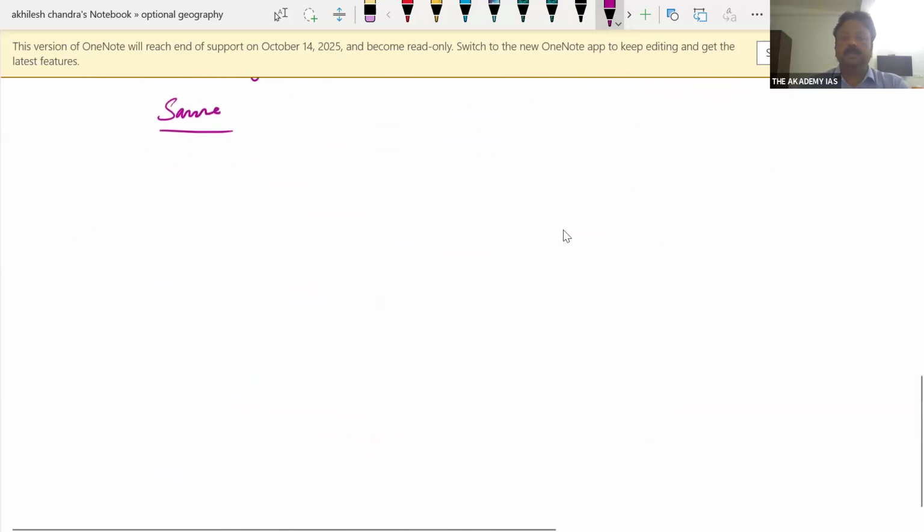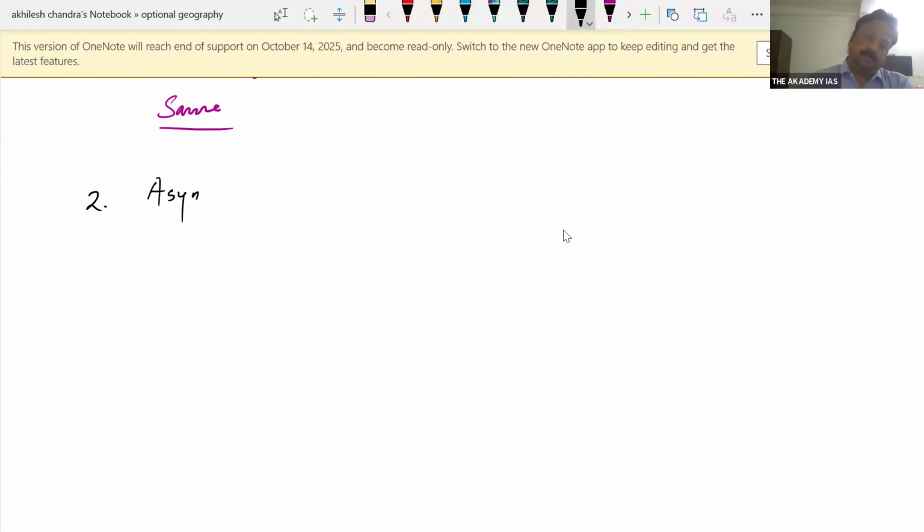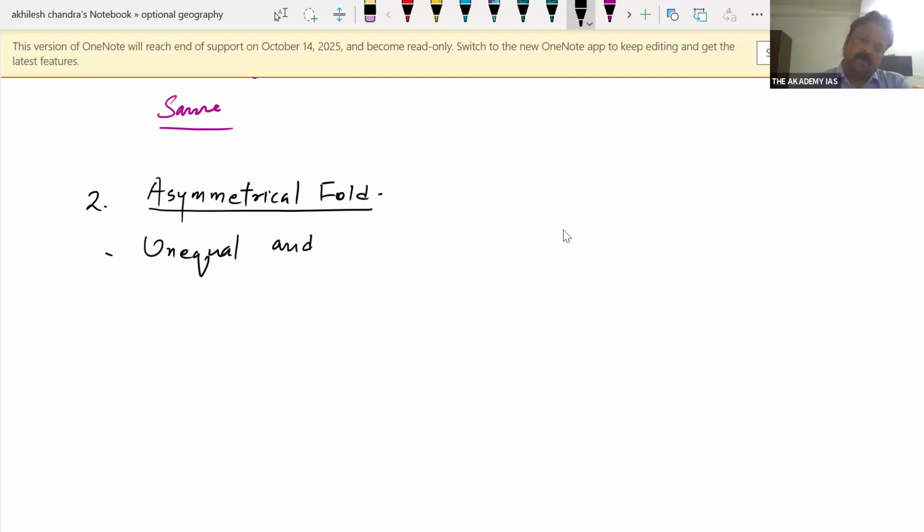Let's talk about asymmetrical fold. In nature, we happen to have this asymmetrical fold. Unequal and irregular limbs. Unequal and irregular fold arms. Fold arms are also called limbs.